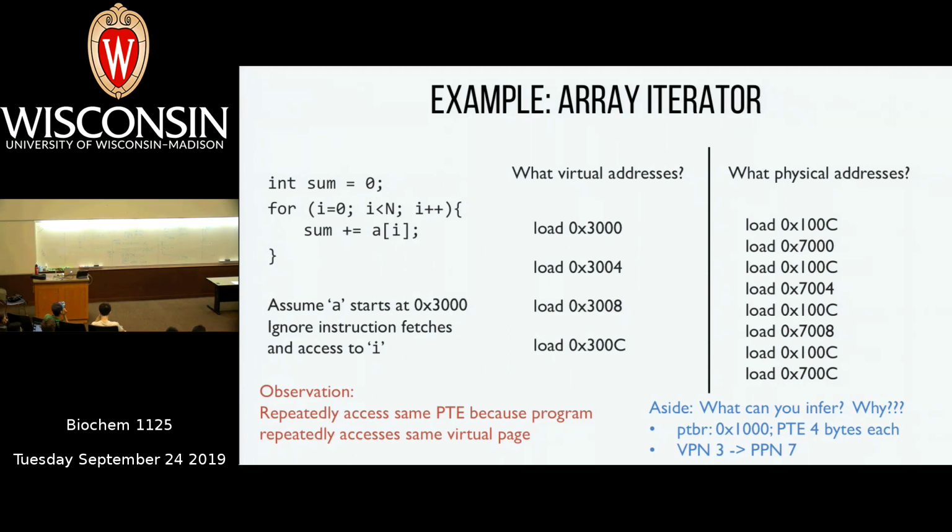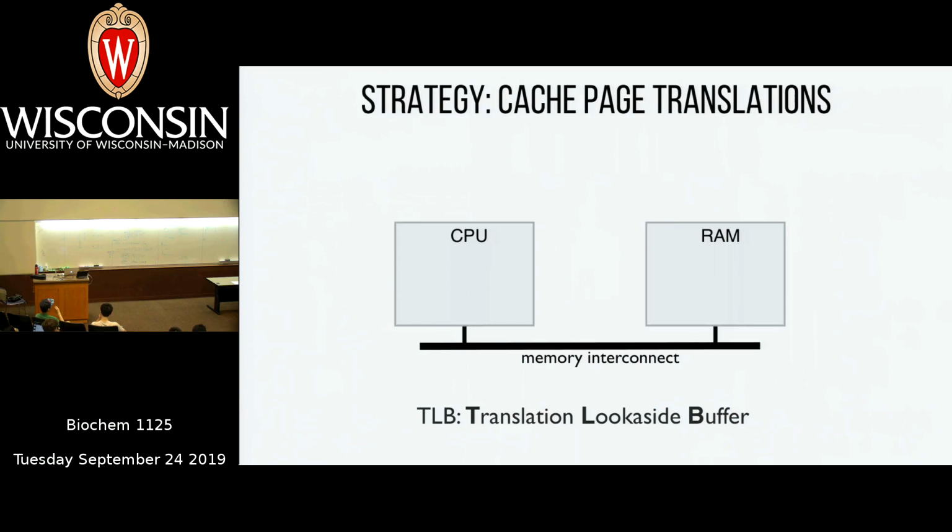We should be smart and remember that. And so basically, we just need to cache that information that virtual page 3 goes to physical page 7 instead of going to the page table for that over and over again. So that is what we are going to do with a TLB, which is the abbreviation for translation look-aside buffer. It's a horrible, horrible name, but it's TLB, that's what we call it.